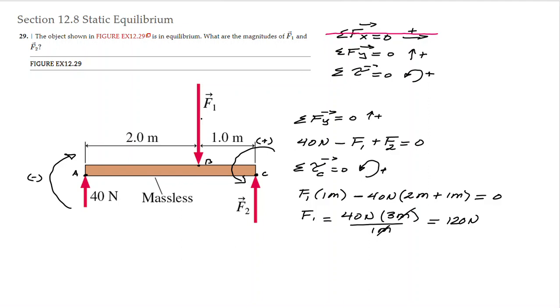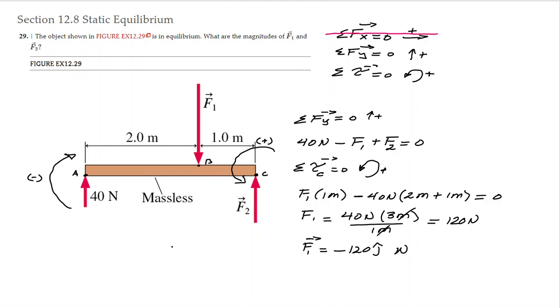F1 is a force pointing downward, so I can express it as a vector: F1 vector is equal to minus 120 j, in newtons.